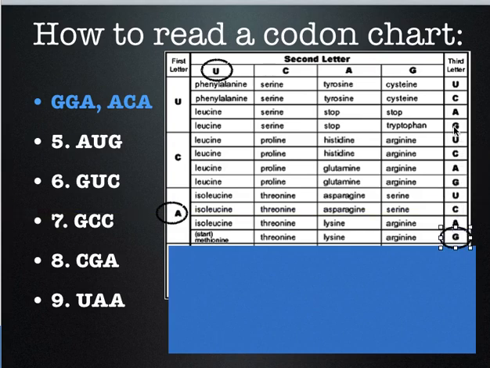I'm not looking at this G up here because that G looks at this letter. So with A, U, G, I'm going to use my arrow and move all the way over. So AUG means start in nucleic acid language. Every gene begins with the codon AUG.